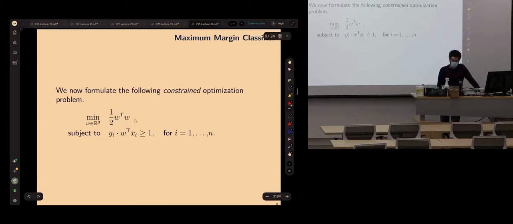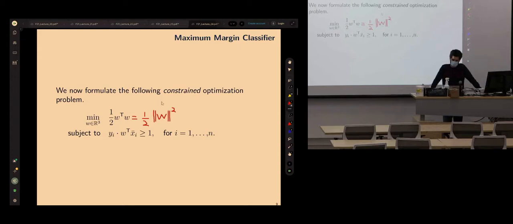You can minimize 1/2, to keep it pretty, no other reason, the norm squared, just like when we were doing least squares or minimum norm problem. But norm squared is w transpose times w. So this is the simplest problem we can formulate.